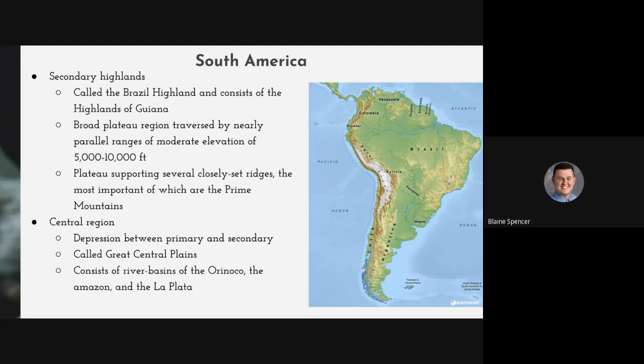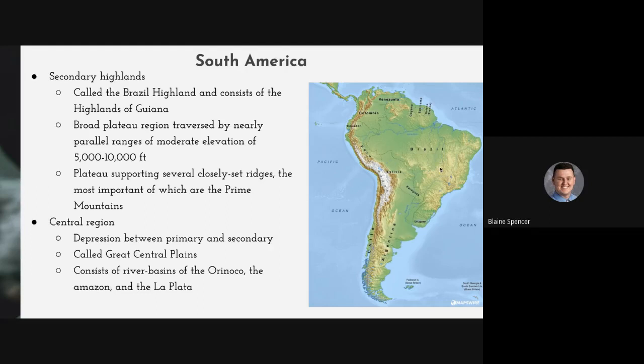All right, so the secondary highlands is going to be called the Brazil highlands, right here, because the bulk of it's going to be in Brazil. But these secondary highlands also consist of the highlands of Guyana. We see this right here. Here is the secondary highlands right here.